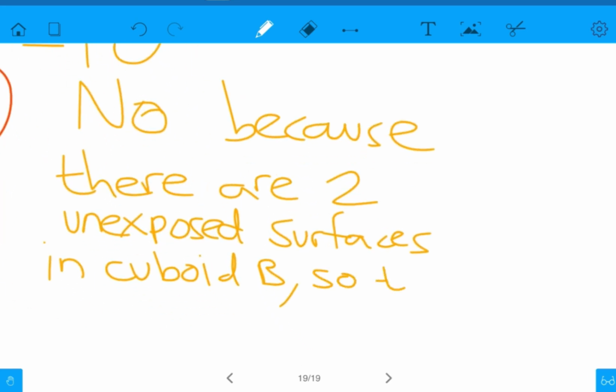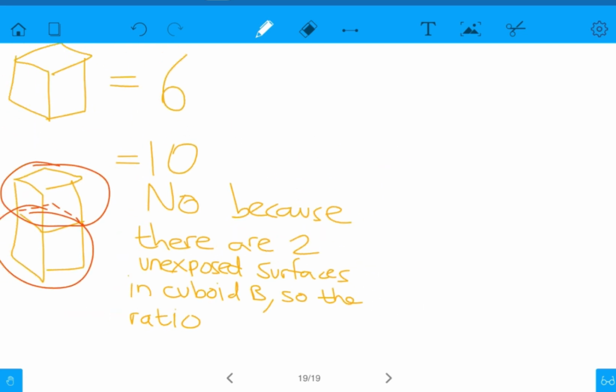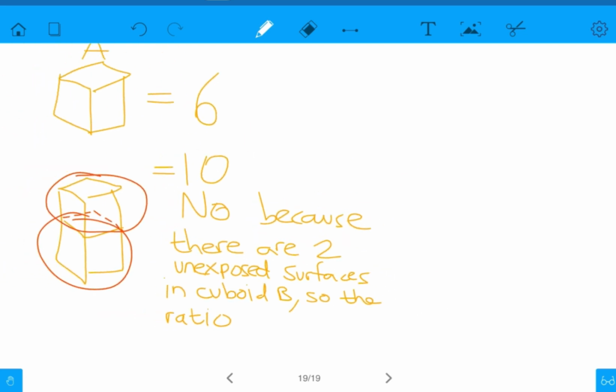So the ratio, when completing this sentence, we can go ahead and elaborate by saying what the ratio of the surface areas will be.